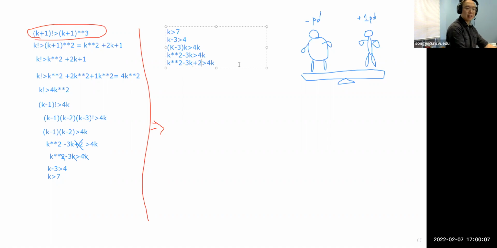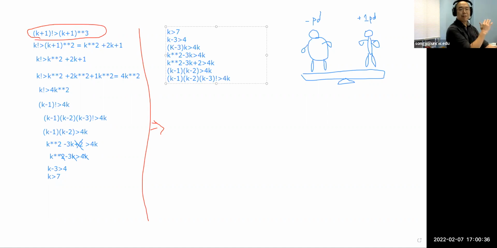And after that, I want to change the left side to k minus 1, k minus 2 is greater than 4k. So I'm just reversing what I've been doing. Now I'm trying to multiply. On the left side, I want to multiply a k minus 3 factorial.